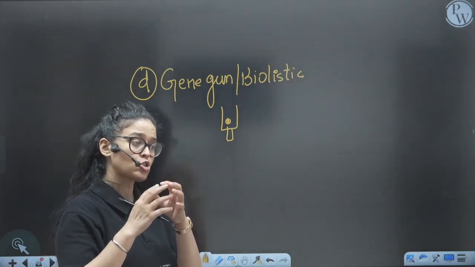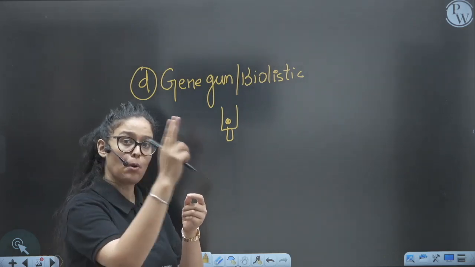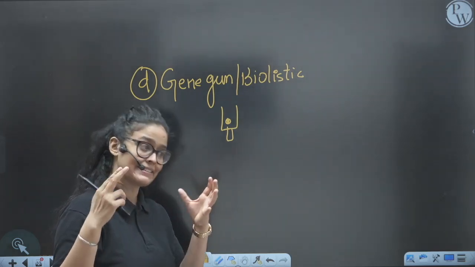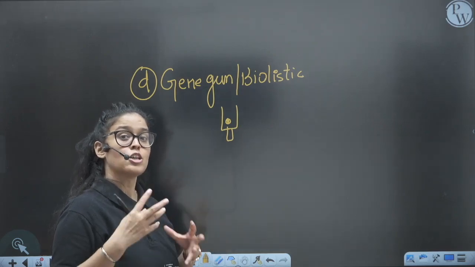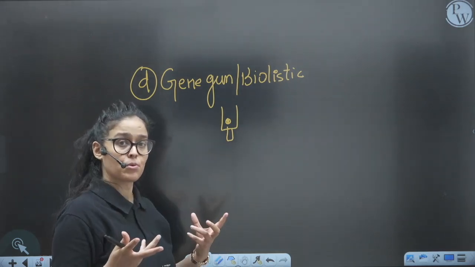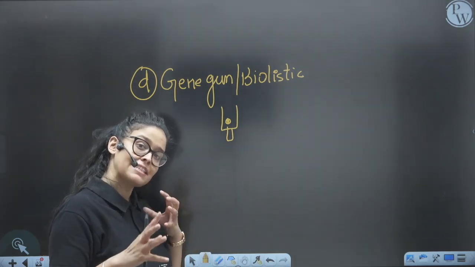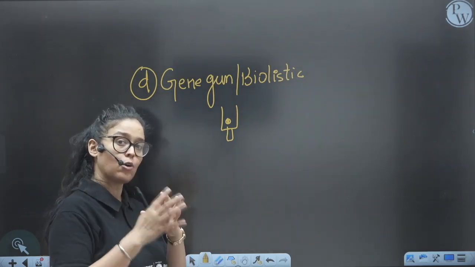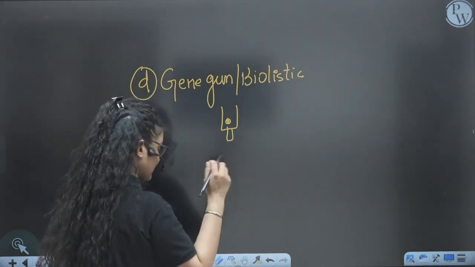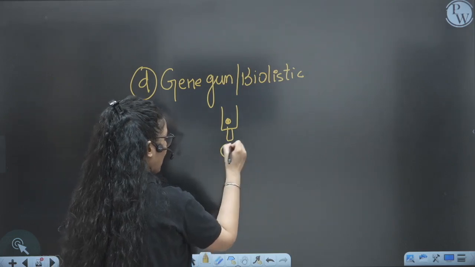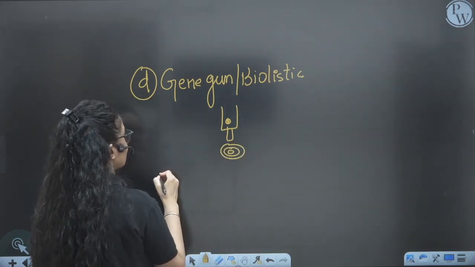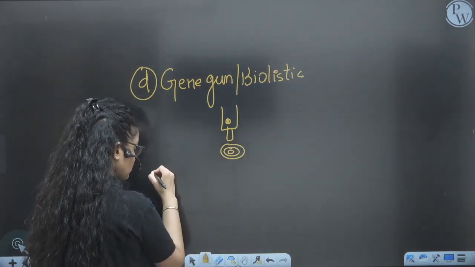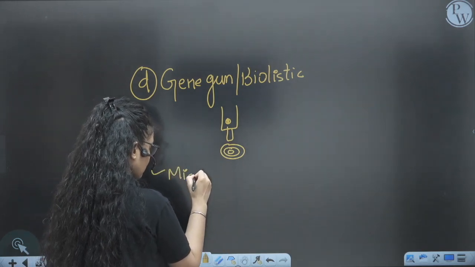Because DNA is a very delicate fiber, and we are bombarding it at high speed directly inside the cell, so the DNA thread could be broken. So for safety, we coat it on gold and tungsten and then bombard it into the plant cell. This method is mainly used to put DNA in the plant cell.